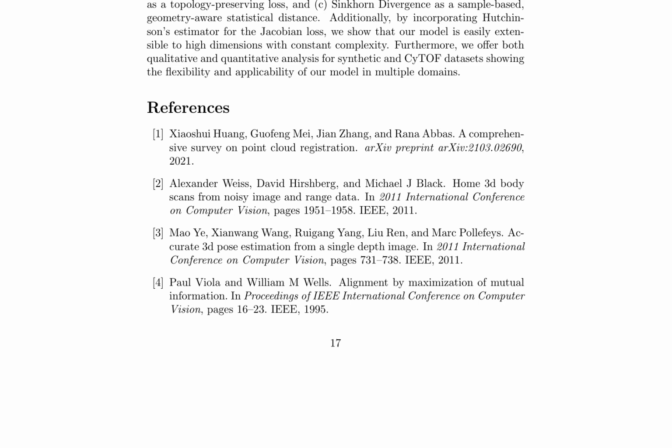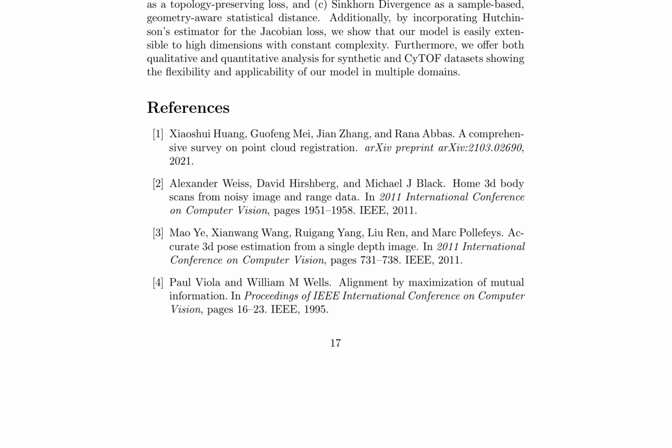The conclusion section summarizes the paper's contributions, highlighting the proposed framework for point cloud registration. This framework consists of three key components: a residual neural network with identity blocks as a parametrized displacement field, a Jacobian penalty as a topology-preserving loss, and Sinkhorn divergence as a sample-based, geometry-aware statistical distance.